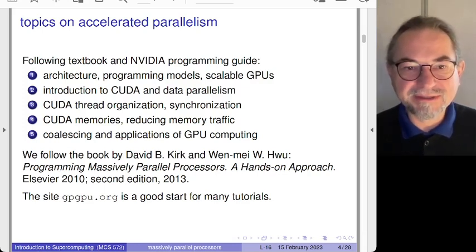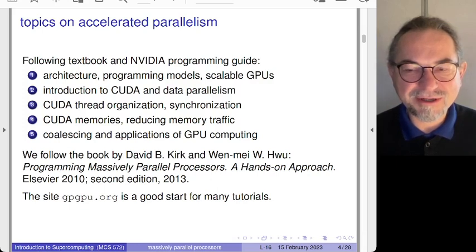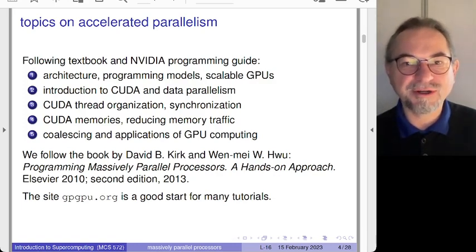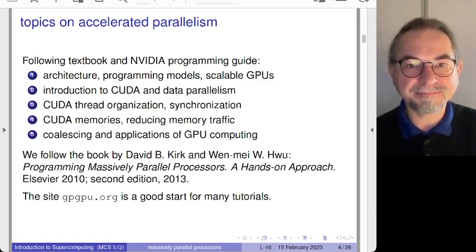Another topic is that there are already many high-level environments to do GPU programming. However, the benefit, and you can see we have the thread organization, the memory movements. The advantage of looking into that in detail gives you a better appreciation of how the hardware works.